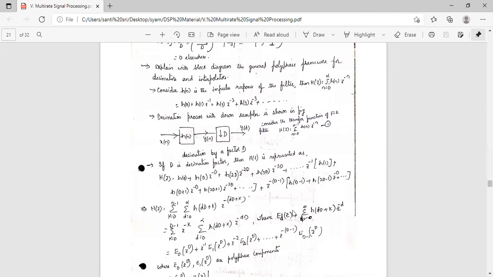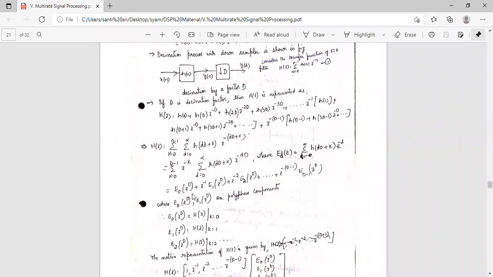So this is E0 of z power D plus z power minus 1 into E1 of z power D plus z power minus 2 into E2 of z power D, and so on, up to z power minus (D minus 1) into E D minus 1 of z power D, where E0 of z power D and E1 of z power D are polyphase components. So E0 of z power D is equal to H of z at k equal to 0.